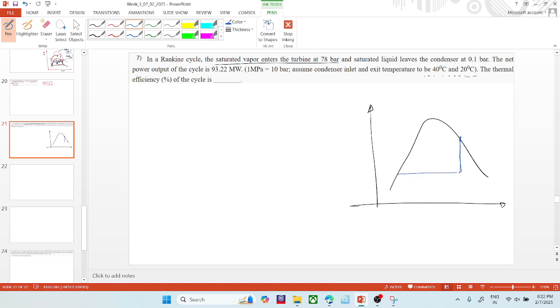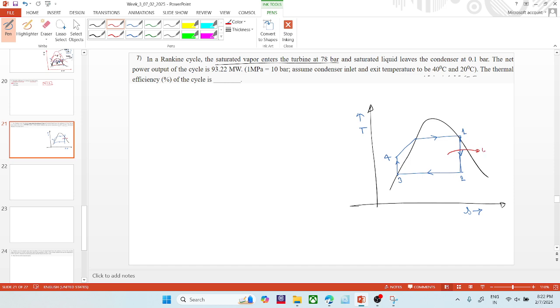Now it will go through the condenser and then the boiler would be like this. So this would be my cycle. This would be temperature and entropy. This would be point 1, point 2, point 3, and point 4.